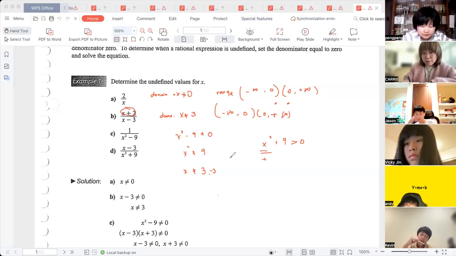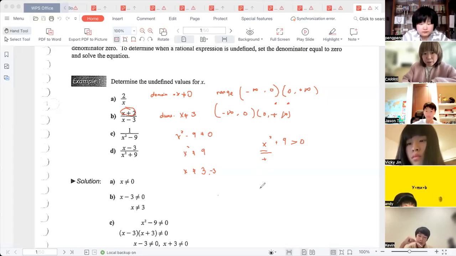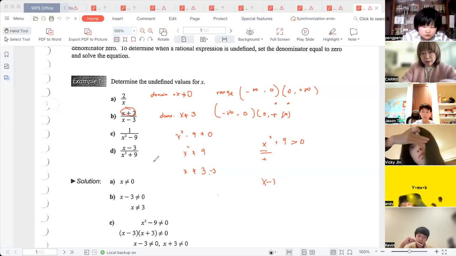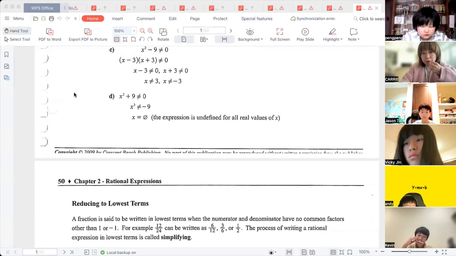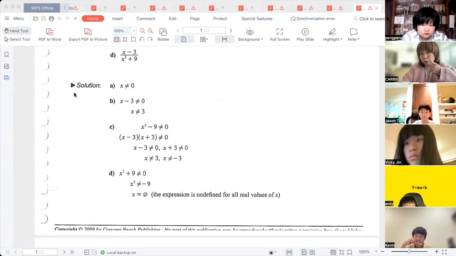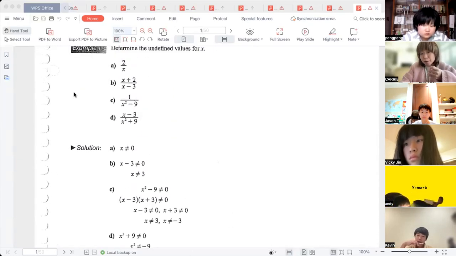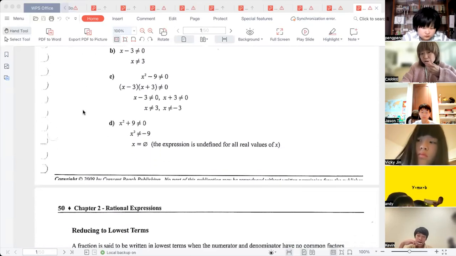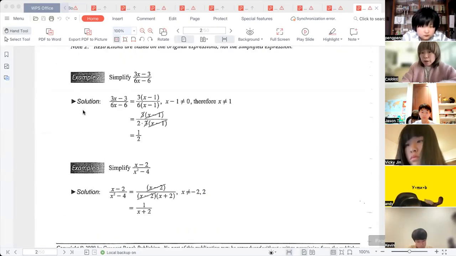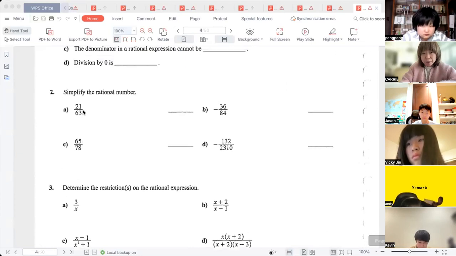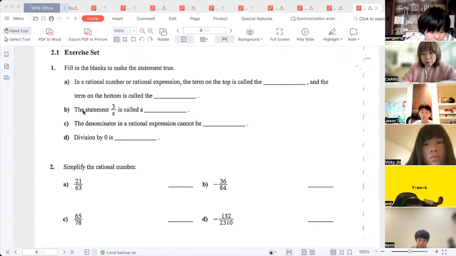The numerator x minus 3 doesn't matter here, so we're safe for everything. There is no value of x that makes it undefined, so for D there is no such thing. Understand, everybody? If you understand this one, we'll go quickly.